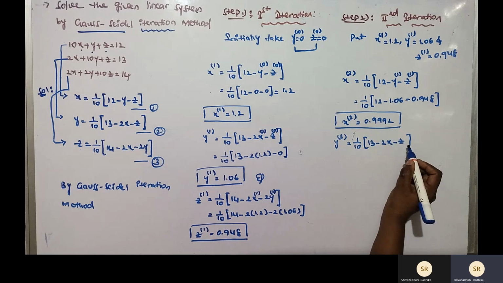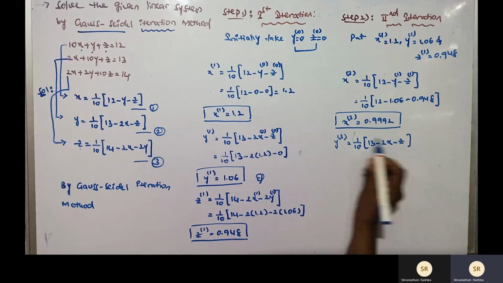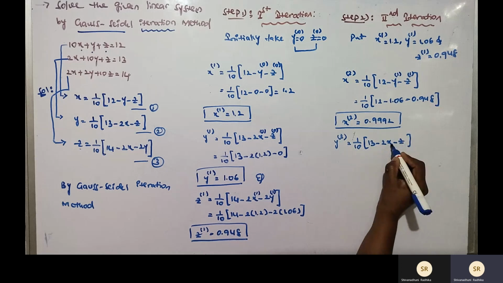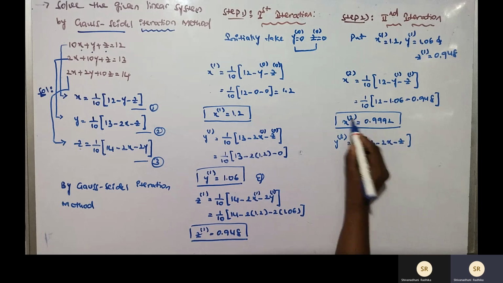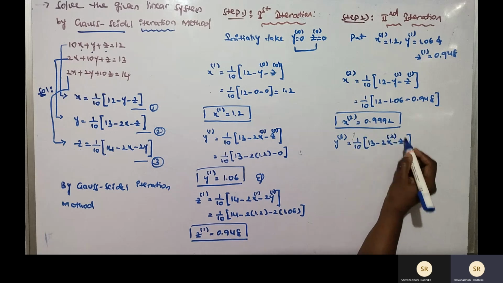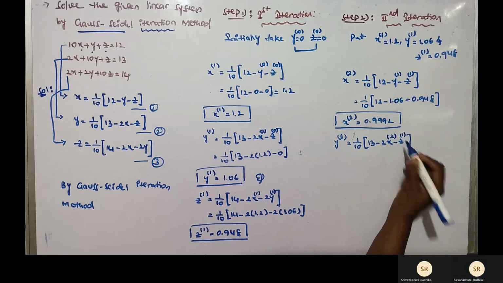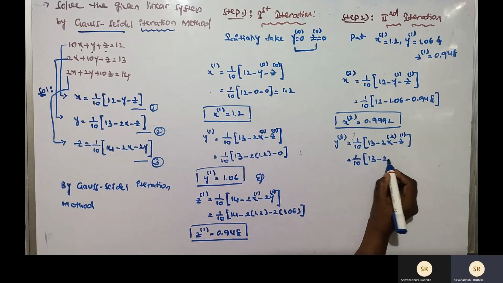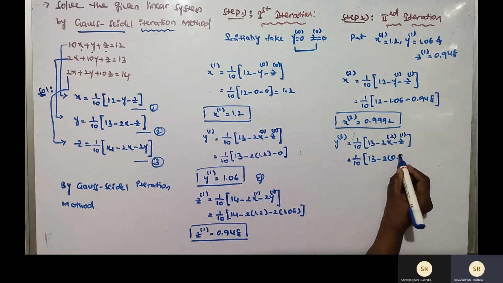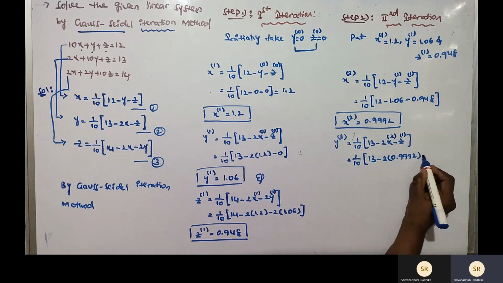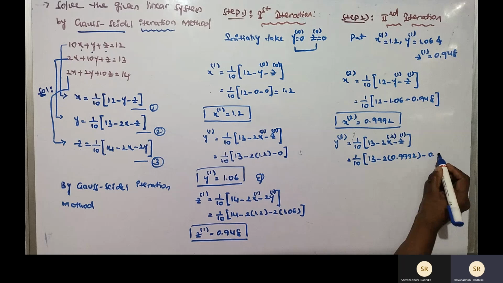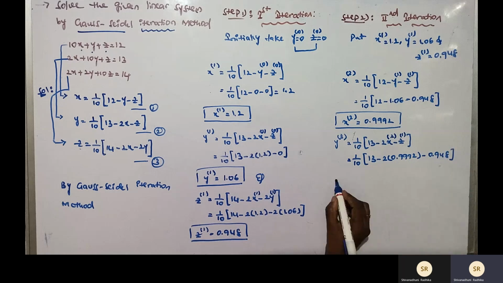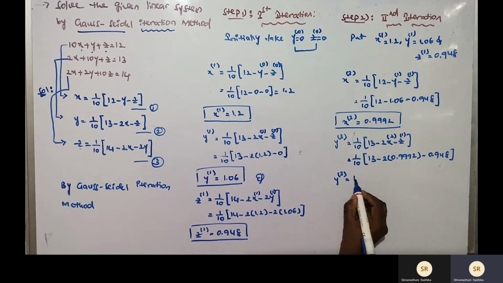Again, we need to take the latest approximations on the right-hand side. Substitute 1 by 10 into 13 minus 2 into x second approximation 0.992 minus z first approximation 0.948.